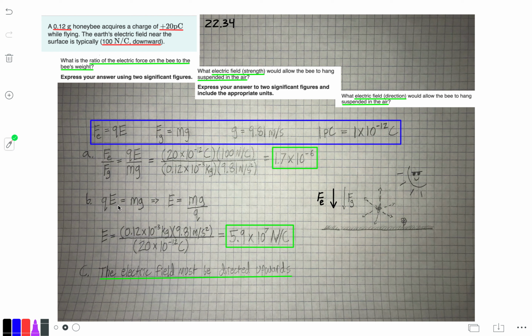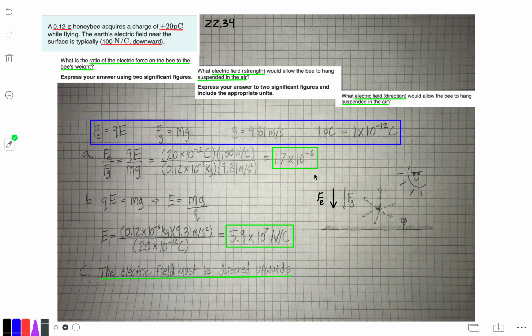So we can set the values of the electric force and the force due to gravity equal to each other, and then we can rearrange to solve for the value of the electric field. So by doing this, again, after rounding to significant digits, we get that it's going to take a 5.9 times 10 to the 7 newtons per coulomb.